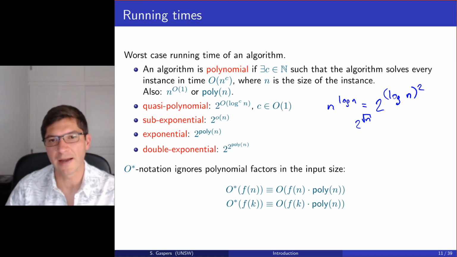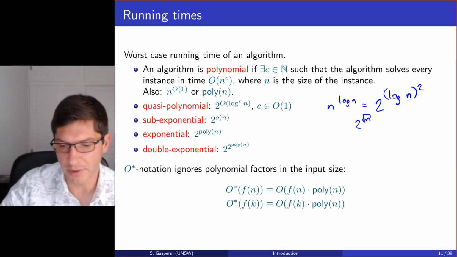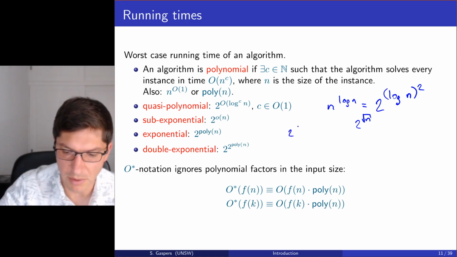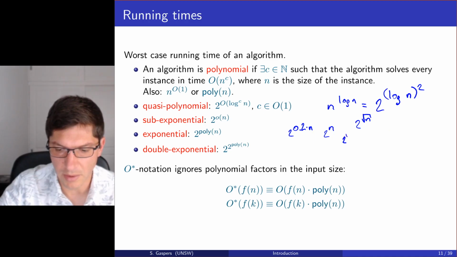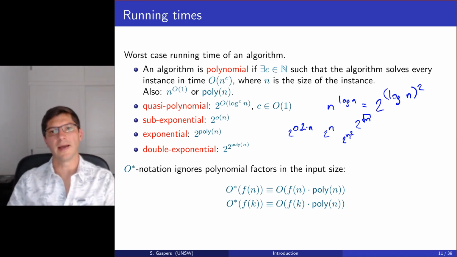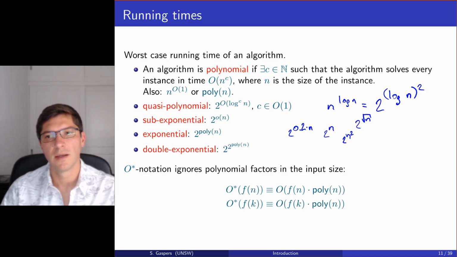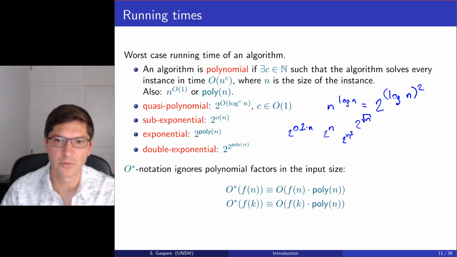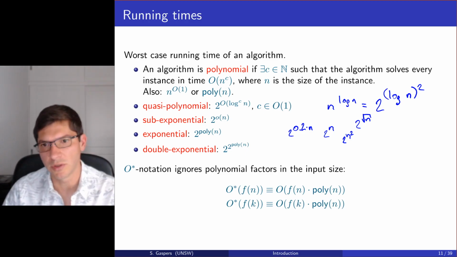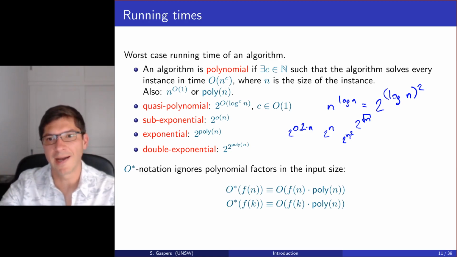And then we have the exponential time running times, which is 2 to the power poly n. So it could be 2 to the power 0.2 times n. It could be 2 to the power n. It could be 2 to the power n squared. So that's also still exponential time. And then doubly exponential time algorithms have running times of the form 2 to the 2 to the poly n. So in the exponent, we have another exponential function.